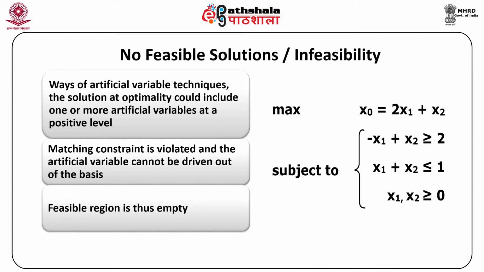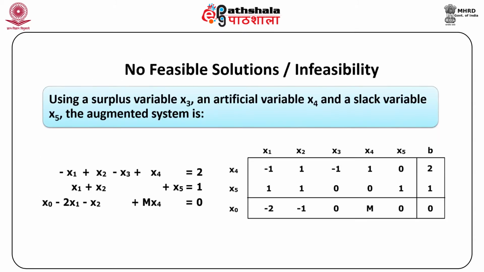Maximize x0 equals 2x1 plus x2, subject to minus x1 plus x2 is greater than or equal to 2, x1 plus x2 is less than or equal to 1, x1, x2 greater than or equal to 0. Let us consider this LP problem.